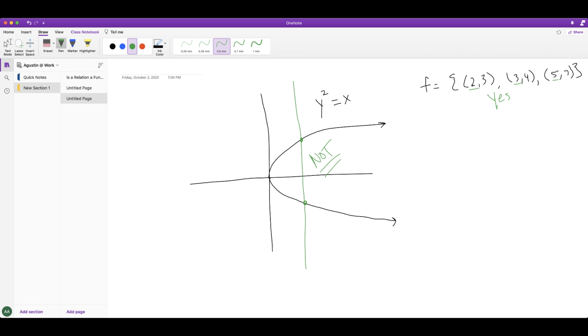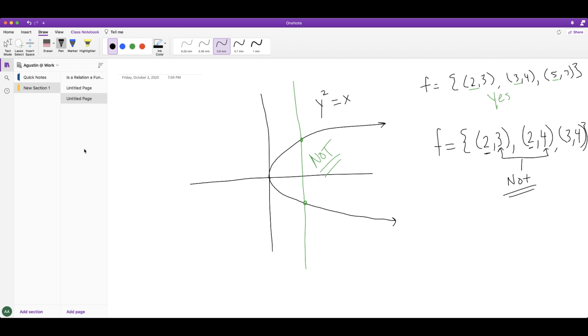It's very similar to a table. So what would it look like if it wasn't a function? I'm going to have a point where the x comes out twice with a different y. You see that this 2 comes out twice and these y numbers are different. So not a function.